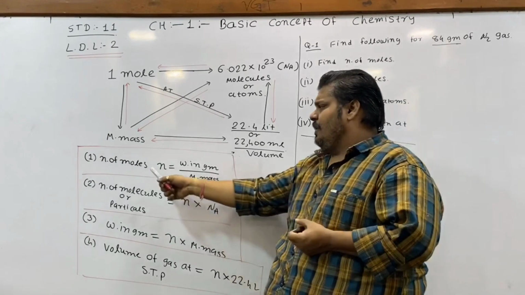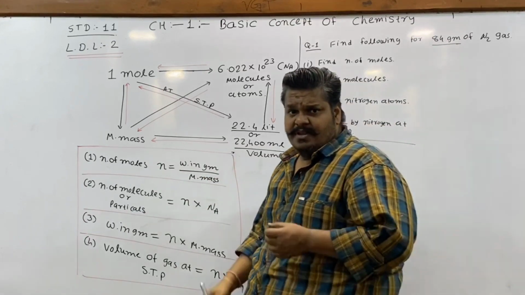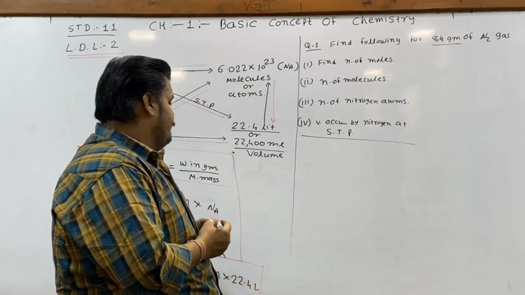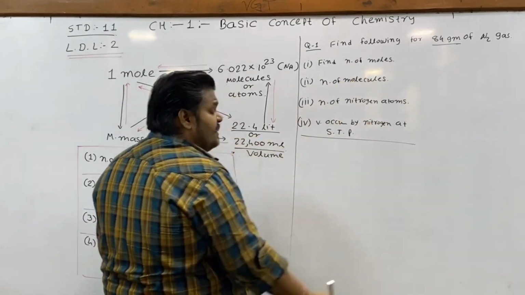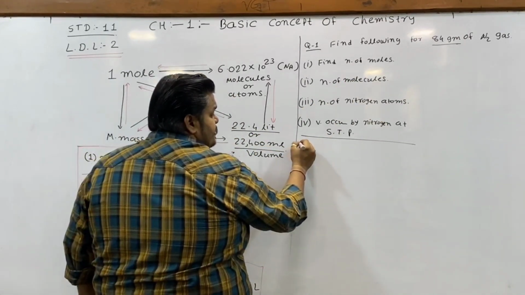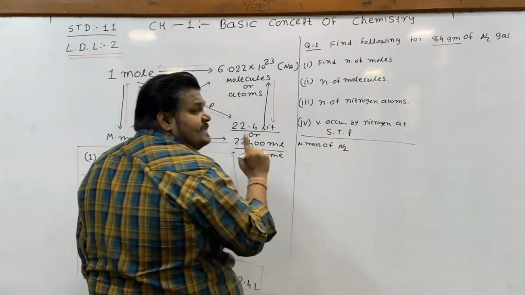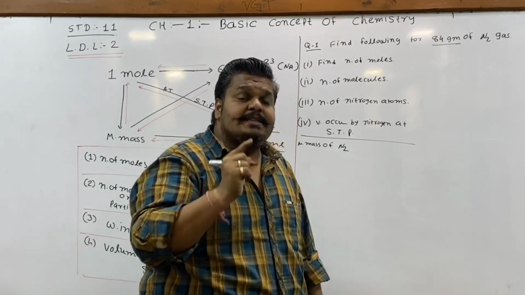The first question is the number of moles. You know that the formula to calculate the number of moles, N, is equal to the weight of a substance in gram divided by molar mass. But before calculating the number of moles, we need the molar mass, because the weight of the substance in gram has been given. Molar mass of nitrogen gas: nitrogen gas is in the form of N2. Keep in mind, nitrogen is not N, it is N2.